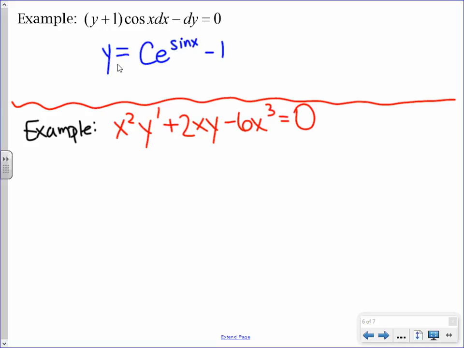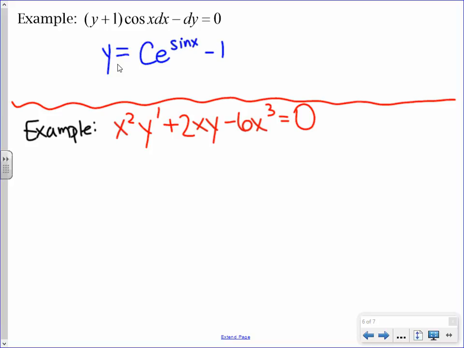Let's do this one then. Plus 2xy equals 6x cubed is standard, yes.